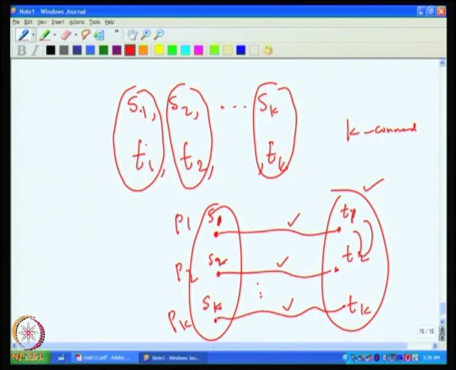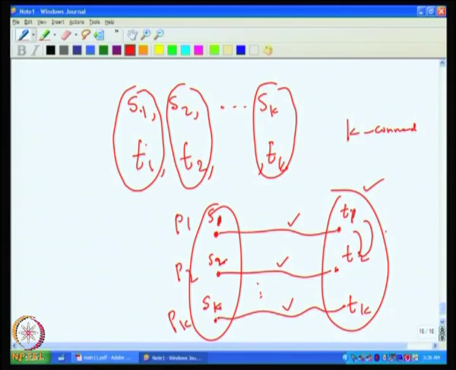In other words, if you fix S1, S2 up to Sk in one order, it is possible for the T's to appear in any permutation. Tk may take the role of T1, or anything may take the role of T1; any permutation is possible here.